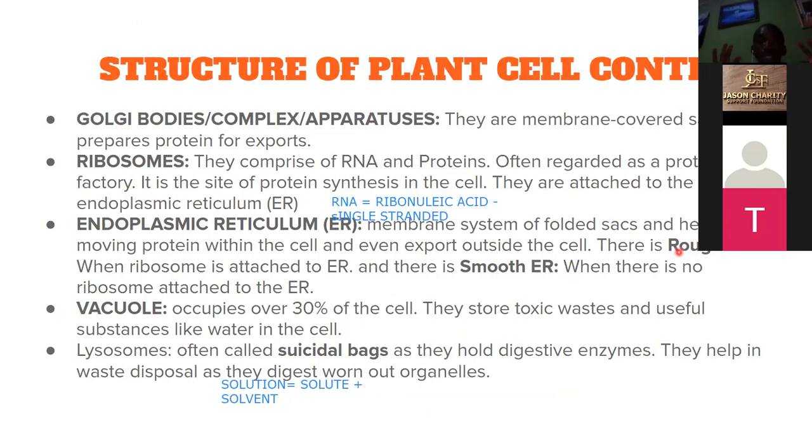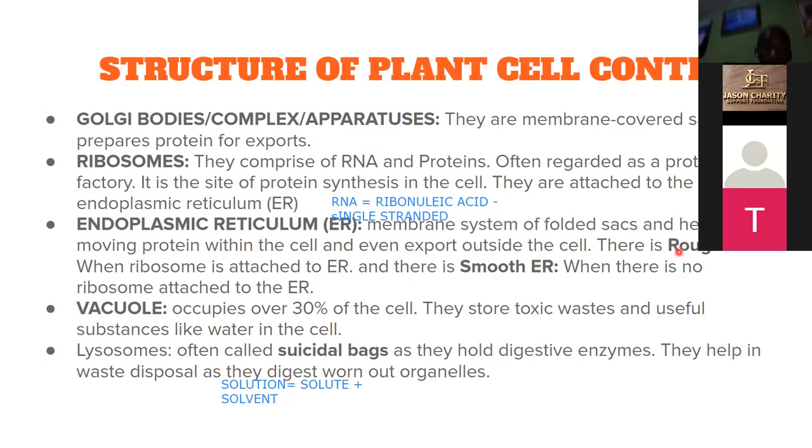So the ER, what does it help to do? It helps in moving protein from one point of the cell to the other. After the proteins have been synthesized by the ribosomes, the endoplasmic reticulum helps to move them from the point of synthesis to the places where they are needed.